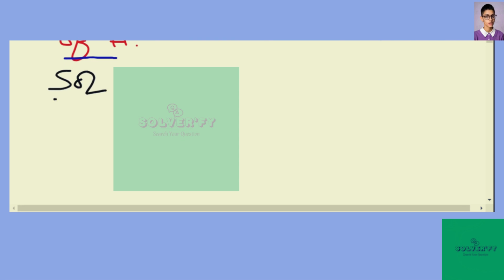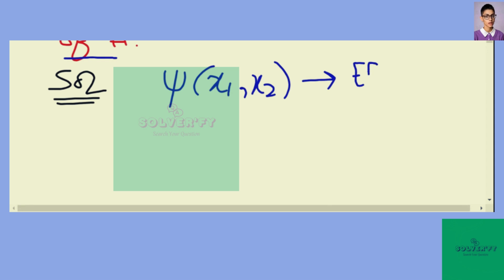Its solution is very simple. We need to prove that the wave function of x1 and x2 is an eigenfunction, let's say EF, of a Hamiltonian for two non-interacting particles in an infinite square well.